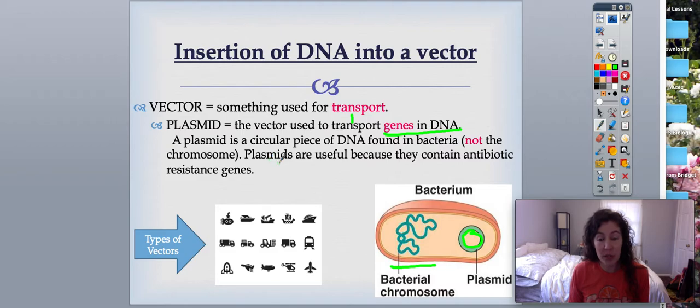And plasmids are pretty useful things because they contain antibiotic resistant genes. So that little portion in the bacteria can cause it to be able to not die in the presence of certain antibiotic drugs.